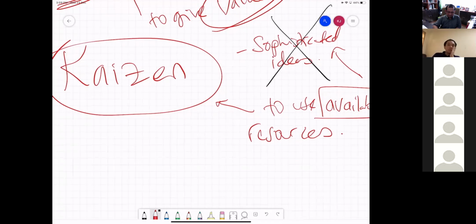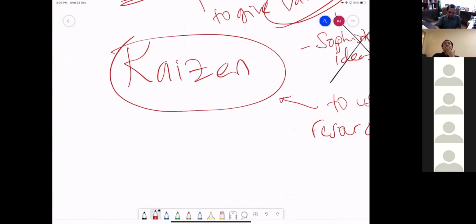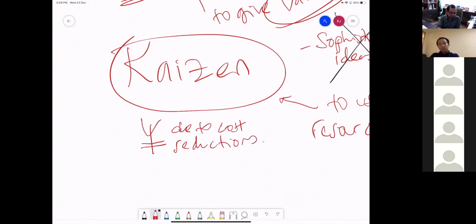So with the Kaizen philosophy, we get money because of cost reduction. This morning, my student presented her master project. She managed to reduce cost about 37% for the company from her master project. That's my expectation.